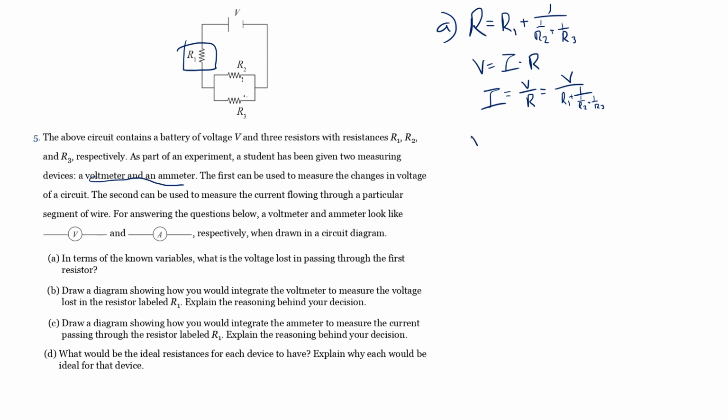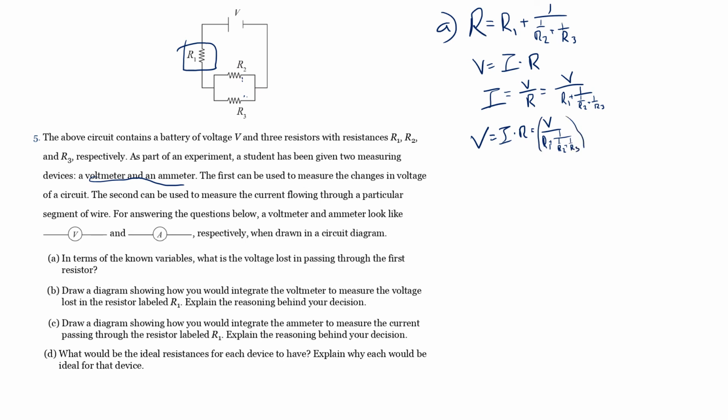So we're going to go back to V is equal to I times R. Now, he doesn't have the same voltage as the battery, so the voltage is different here, but the current is going to be the same because he's in series. So V over R1 plus 1 over R2 plus 1 over R3, right?